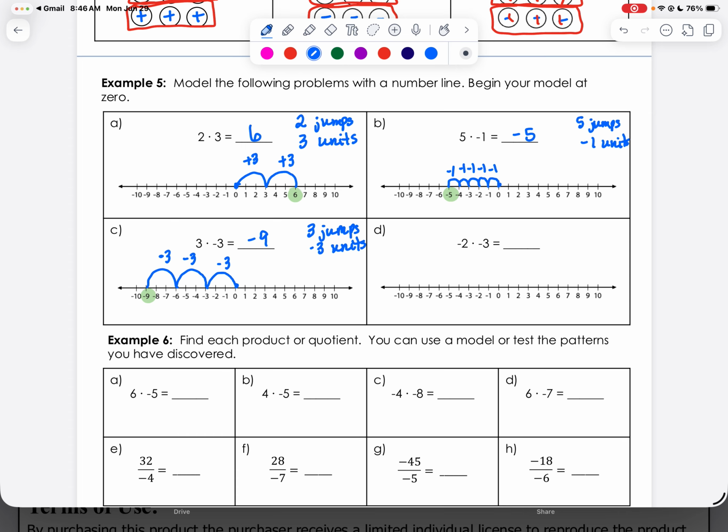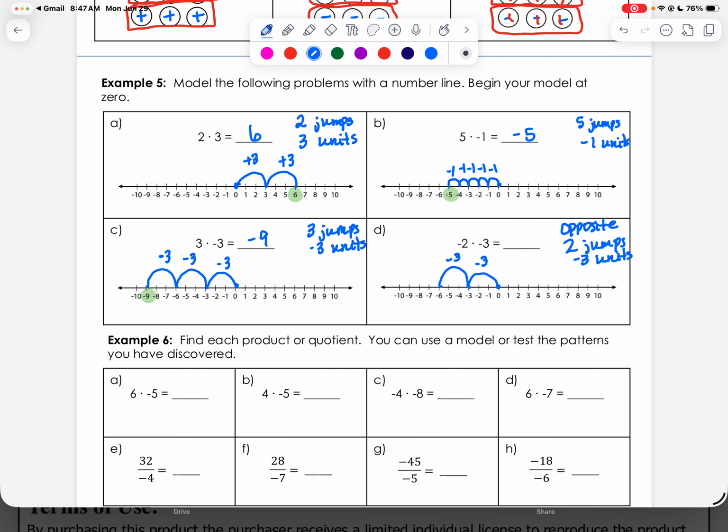All right, so this time we're taking the opposite of 2 jumps of negative 3 units. Because our first number is negative this time, that means opposite. So let's draw our negative 3 units. There's 1, and it said to do 2 jumps of that.